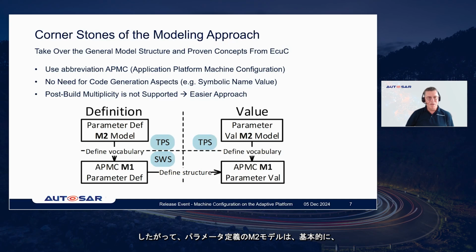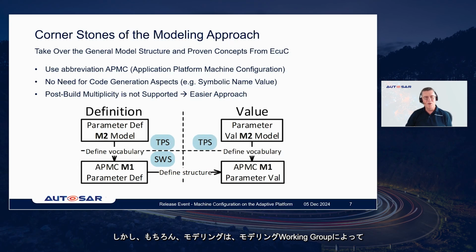So the parameter definition M2 model is basically defining the vocabulary for the parameter definition on M1 model. And the parameter definition on M1 model is what typically ends up in chapter 10 of an SWS document for a specific functional cluster. So this part is more or less in the responsibility of the working groups who do the functional cluster design.